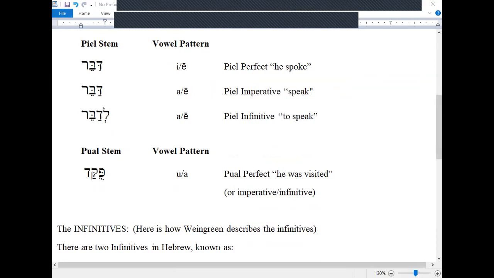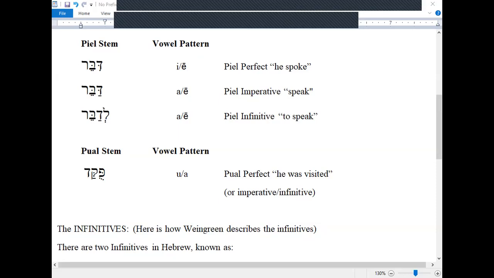And you also have a doubling of the bet. The Piel stem doubles that middle consonant, or that middle radical. So diber, and Piel looks at intensity. So he spoke. And I guess when we think of speaking, there is sort of an intensity about it. So it appears in the Piel stem in Hebrew.